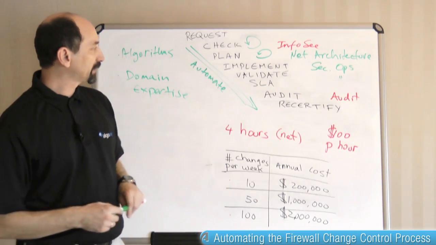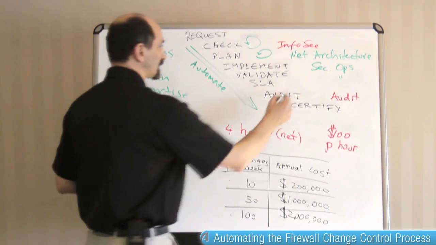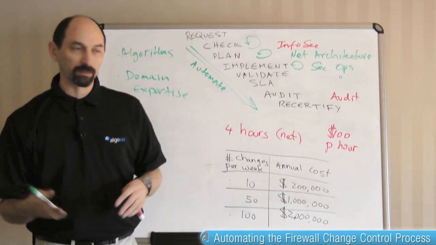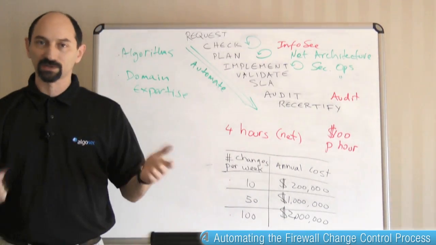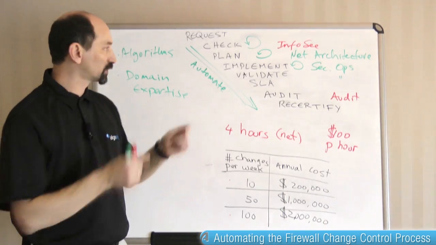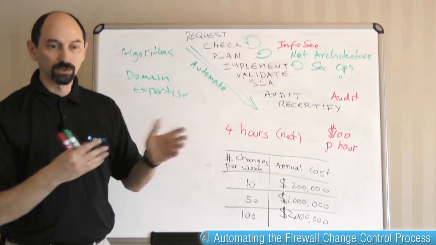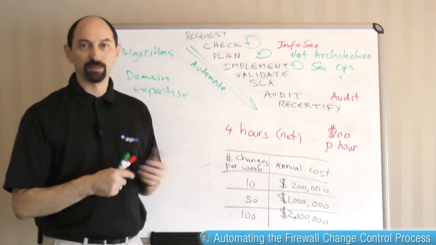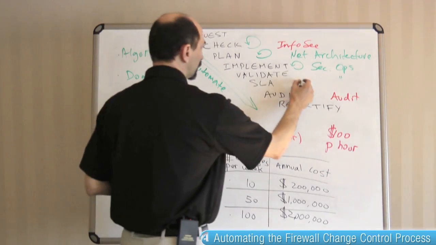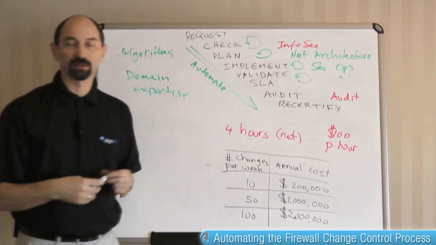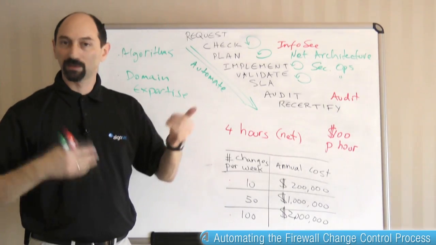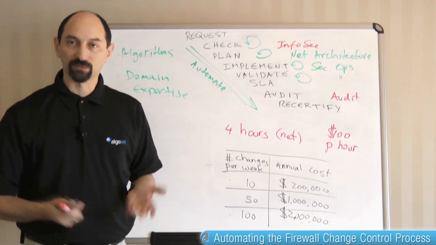When you're in the implementation phase, you can have a system that automatically knows which objects you can reuse. Maybe it tells you which rules you can modify because they're similar to what you need. Maybe it could even go as far as injecting the change directly into the firewall using the vendor's APIs. When you do validation, you can automatically check whether, after the change has been done, the firewalls that were previously blocking are now allowing the traffic as they're supposed to.